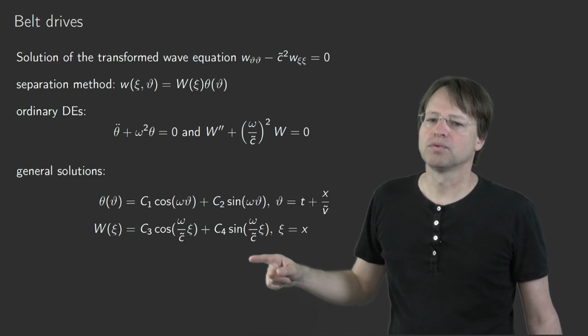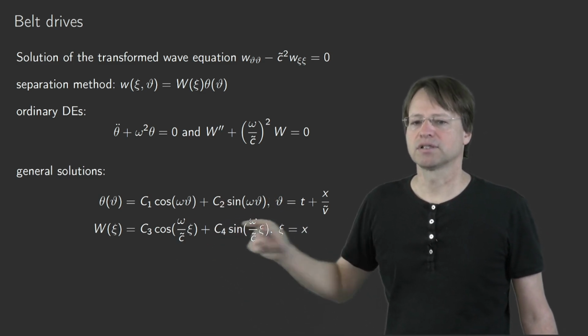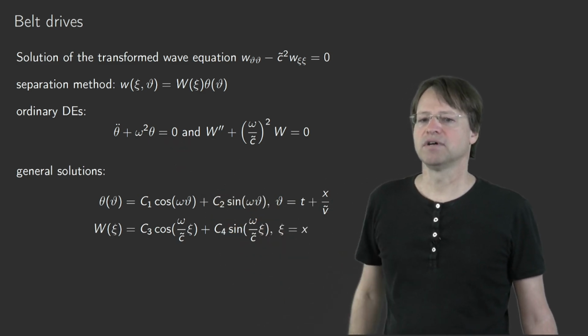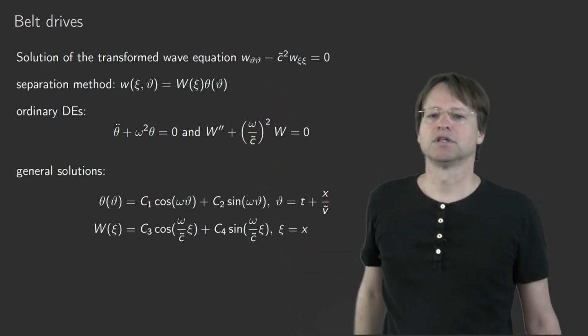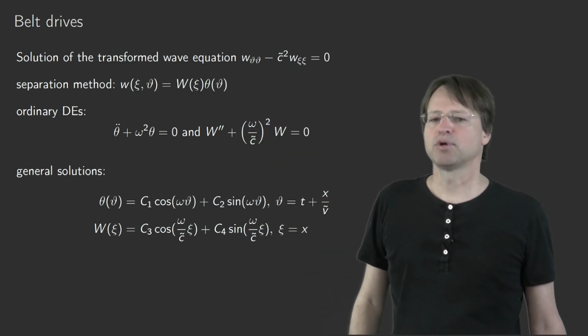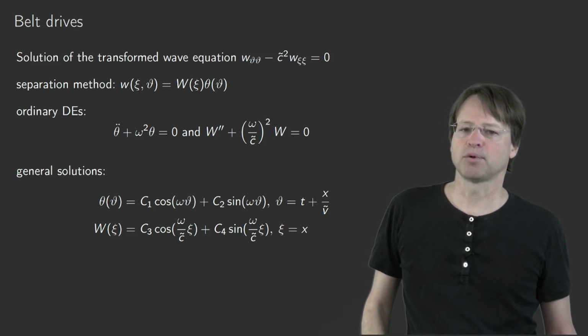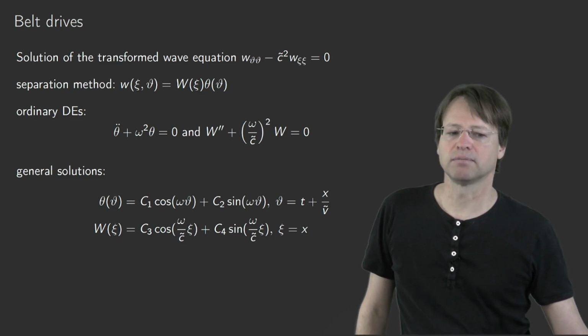But the solution would be expressed in the same way. So instead of theta, you write a psi here, and instead of omega, you have to write omega divided by c tilde here. And c tilde was the changed wave propagation velocity, or the wave propagation velocity influenced by the constant belt velocity.